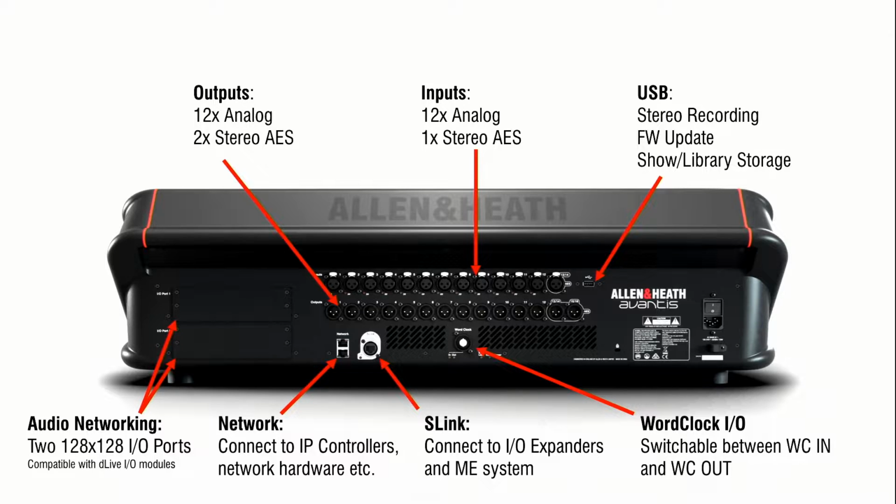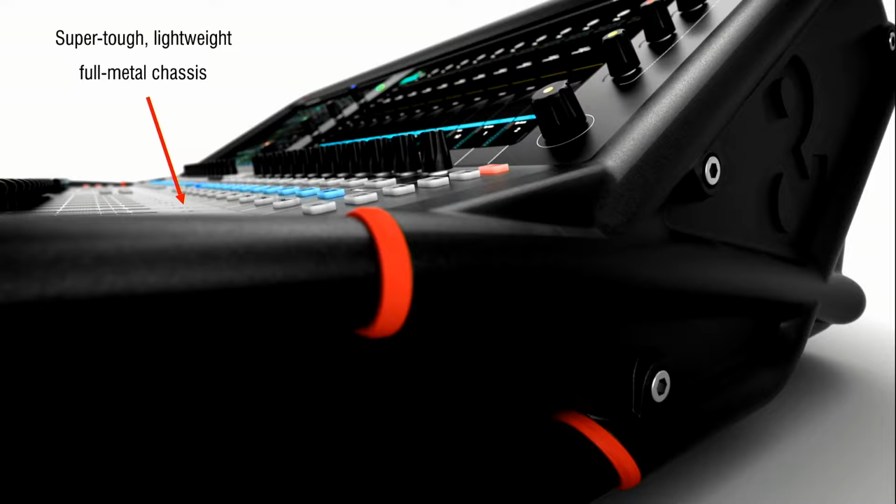The S-Link port is for I/O expansion, also the ME system if you choose to use that. Network connections are for IP controllers and network hardware, and those 2 I/O ports, again, are capable of 128 by 128 on each one of them.